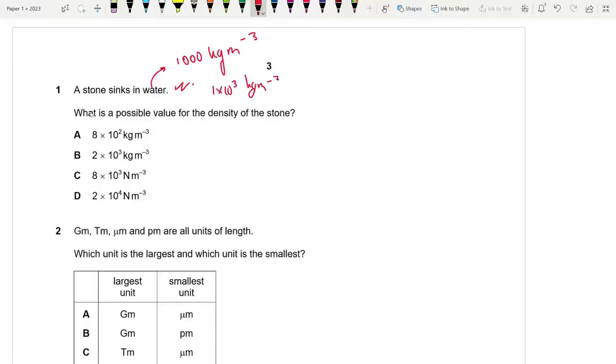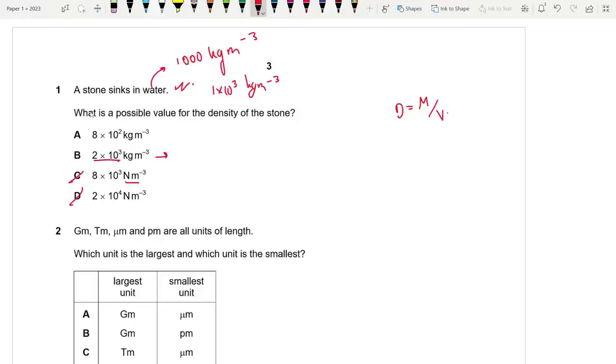So we know that density equals mass by volume. Firstly, it can't be C or D. Why? Because the unit is wrong. It's not Newton per meter cube, it's kg per meter cube. So for both of these values, A and B, check this.